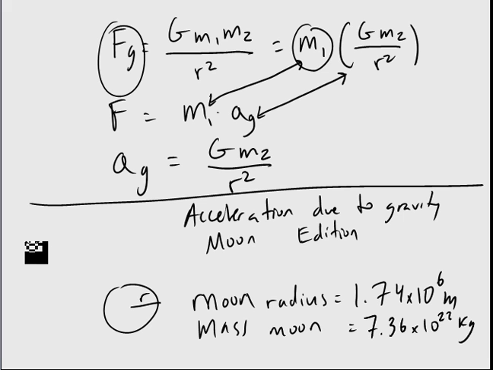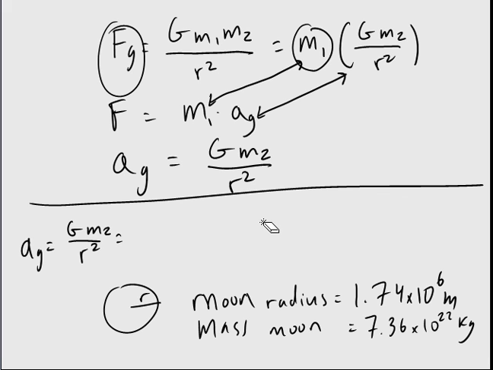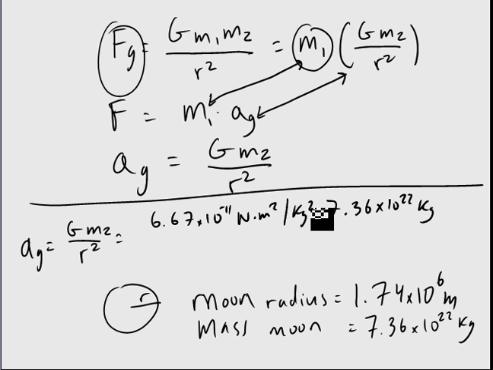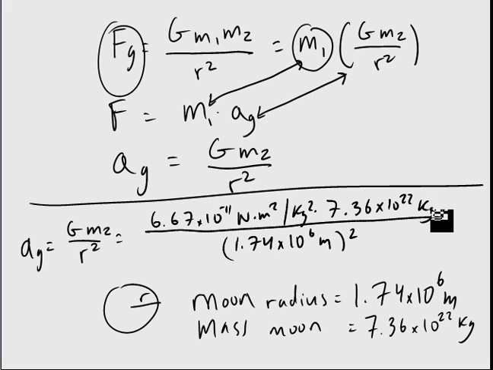So if we just plug these numbers in, so acceleration due to gravity is big G m2 over r squared, we get 6.67 times 10 to the negative 11 Newton meters squared per kilogram squared times 7.36 times 10 to the 22 kilograms, all divided by 1.74 times 10 to the 6 meters squared.